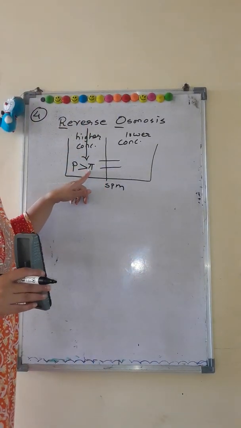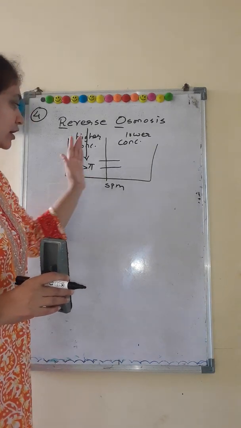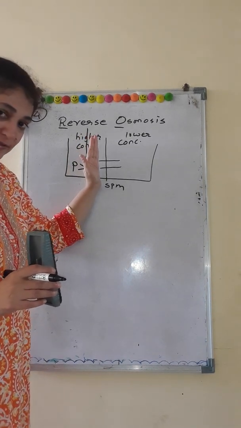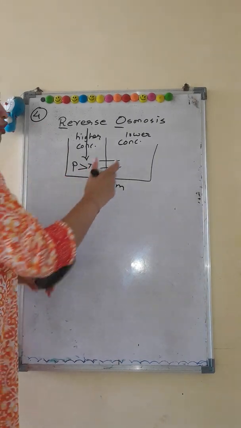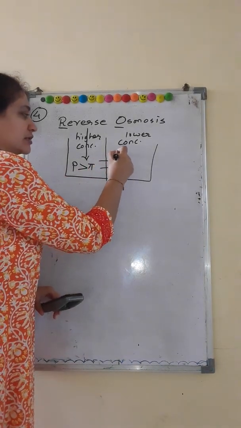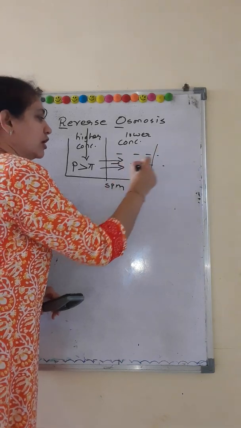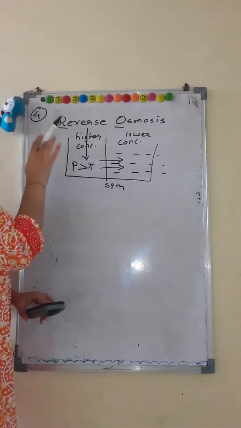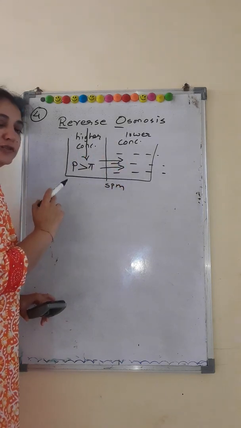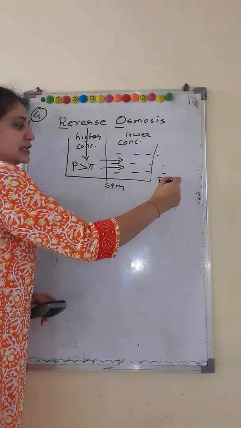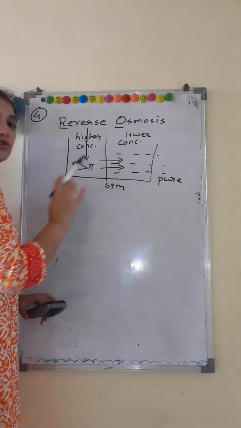If we apply pressure equal to pi, the flow of solvent stops. But if we apply pressure higher than pi, the flow of solvent is reversed. So solvent molecules start flowing from higher concentration to lower concentration in reverse osmosis, and thus we get pure water or pure solvent.